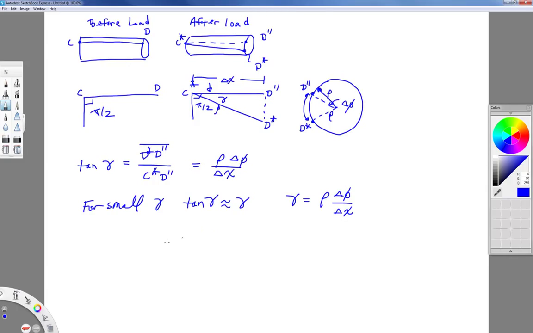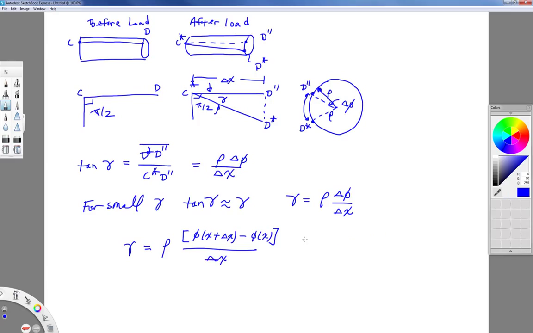We know what delta phi is, so we'll write this one more time. It's phi of x plus delta x minus phi of x divided by delta x.